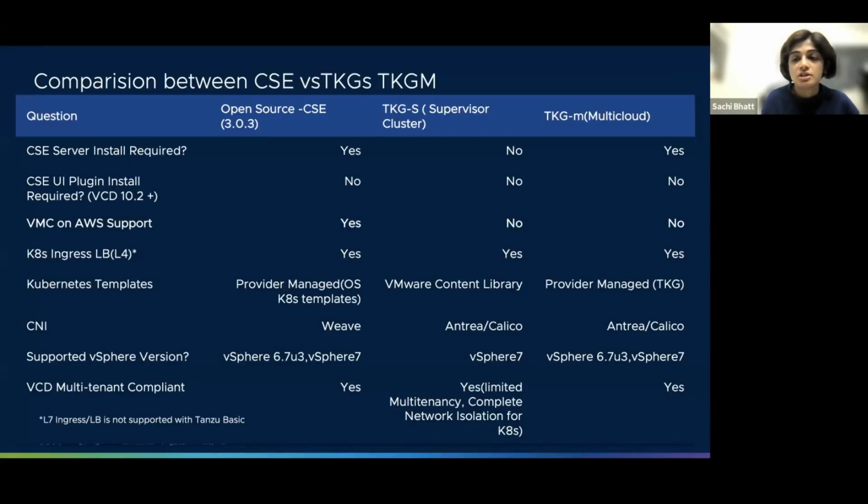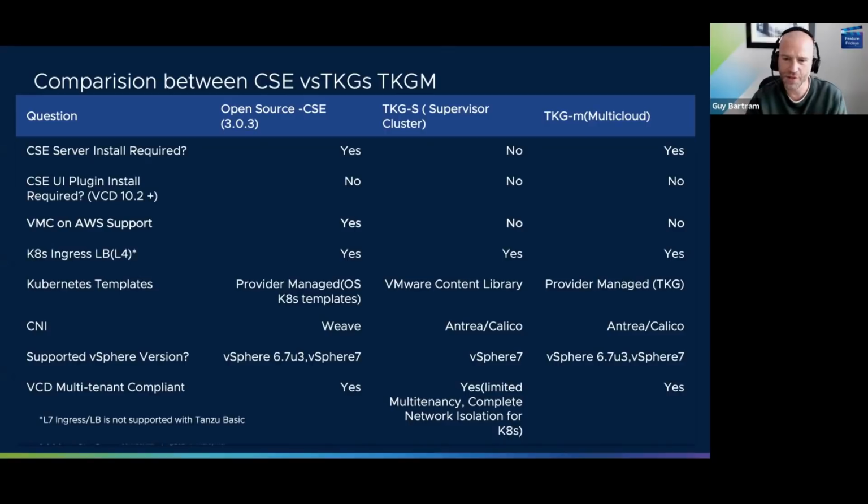Even TKGM uses the same storage and networking from the customer organization, whereas TKGS is using the Supervisor Cluster, which has a pool of ingress, egress, and different workload networks. So it's going to use that same pool of IPs, so IP pools. We are going to provide network isolation through VMware Cloud Director. That is the major enhancement introduced in release 10.2.2, which we'll look at in detail.